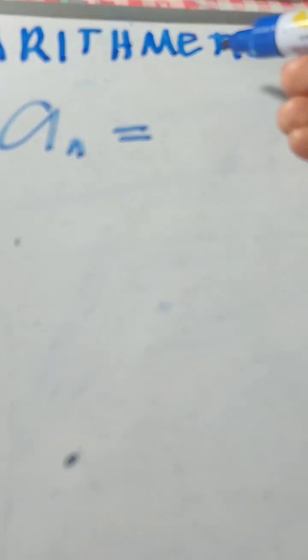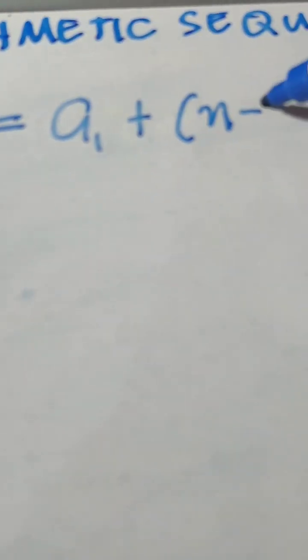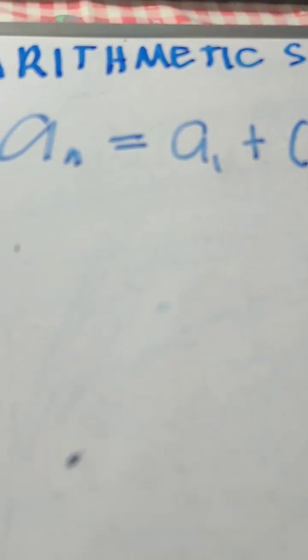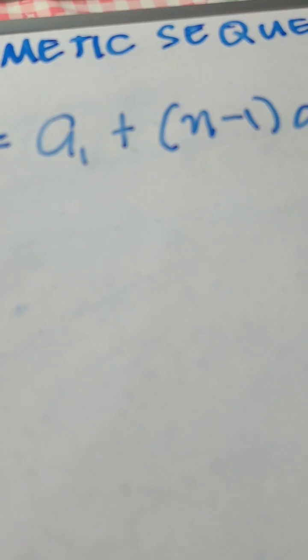But this time, we'll apply a formula that is a sub n is equal to a sub 1 plus n minus 1 times d. This formula is helpful in determining all other terms after the given arithmetic sequence in a problem.